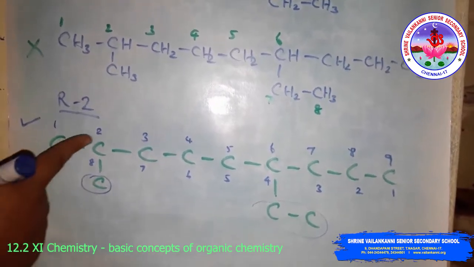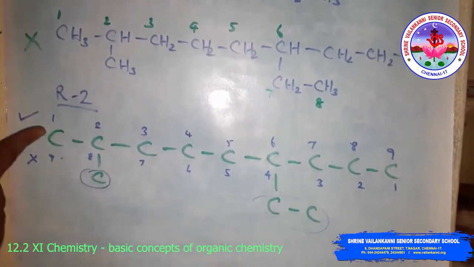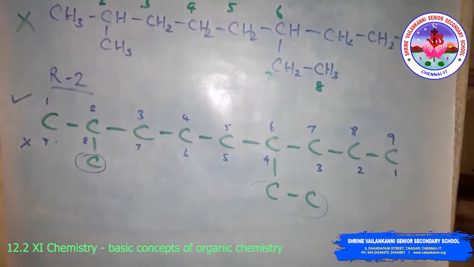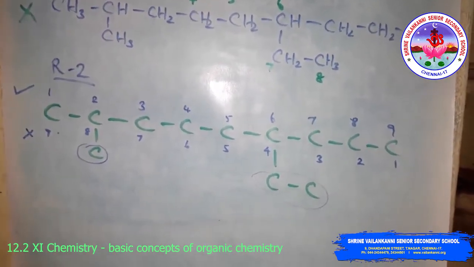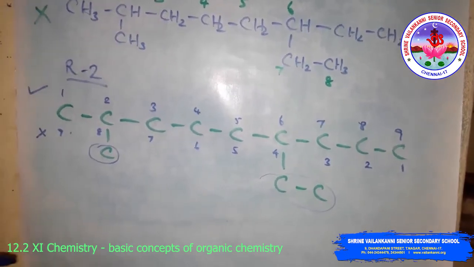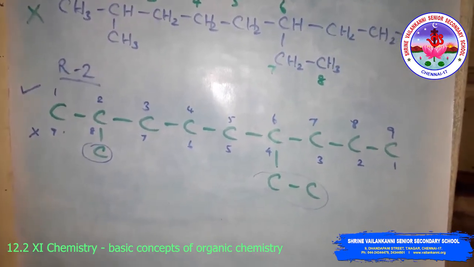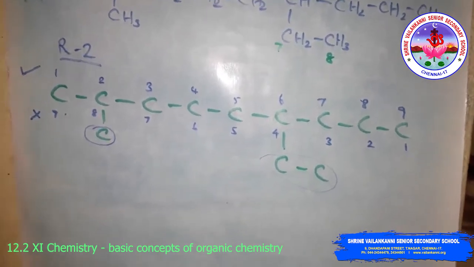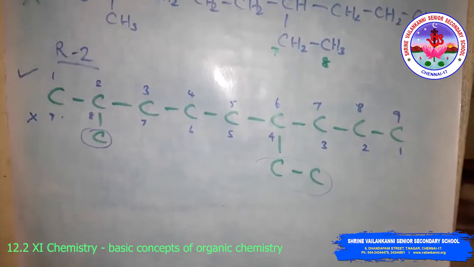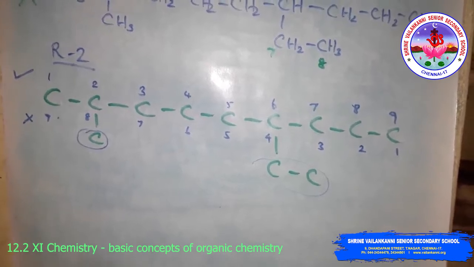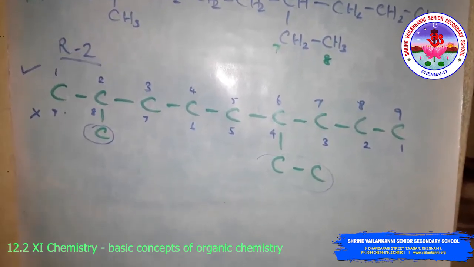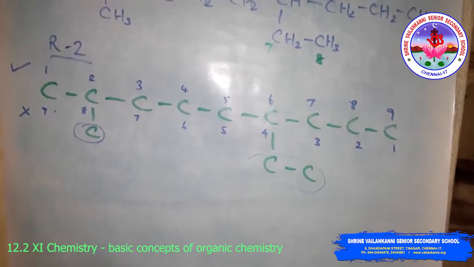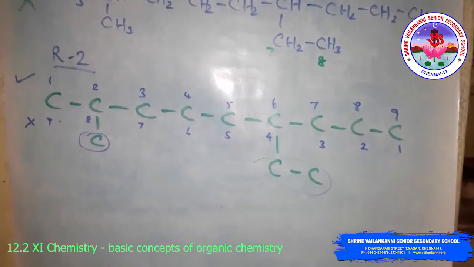Here the second position has a branch, so you have to start from left to right. Then the name of the alkyl group is attached, and branches are prefixed to the name of the parent alkane, and the position of the substitution is indicated by the appropriate numbers. If different alkyl groups are present, they are listed in alphabetical order.